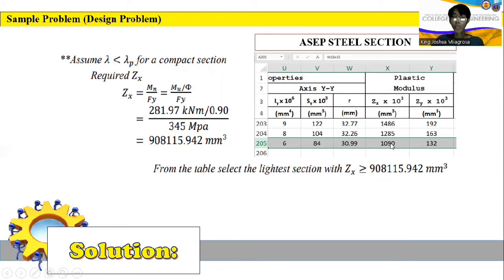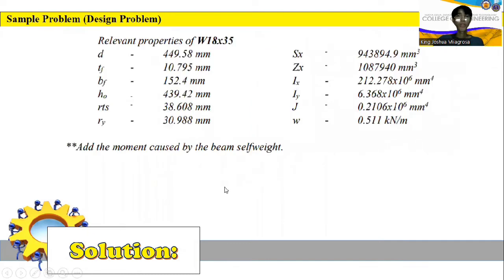So etong specification na to is a W18 by 35 steel section. So yun yung ating gagamitin. So ito, W18 by 35 na steel section. So yung relevant properties nito is itong mga given na to, which is magagamit natin sa pagsosolve.